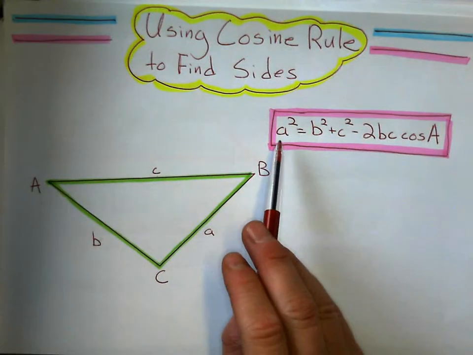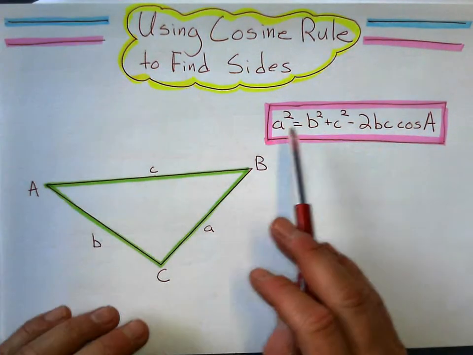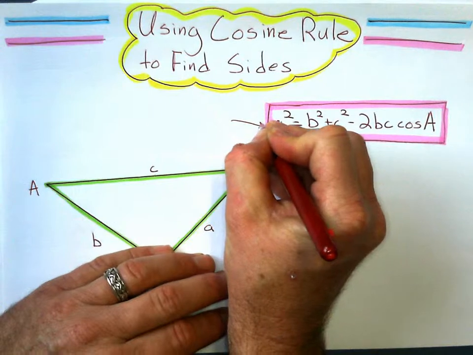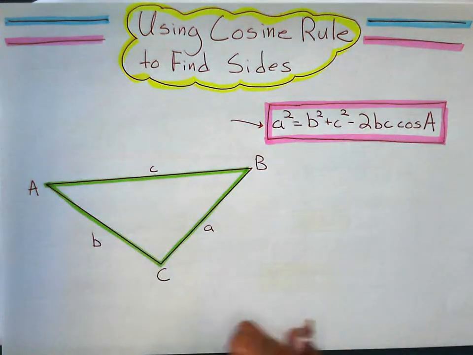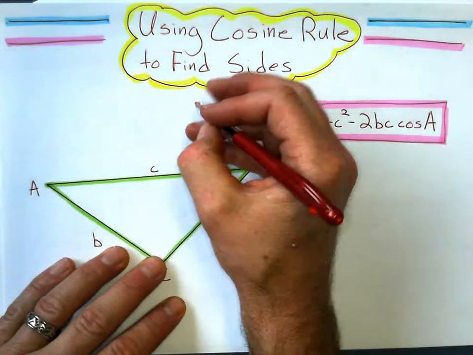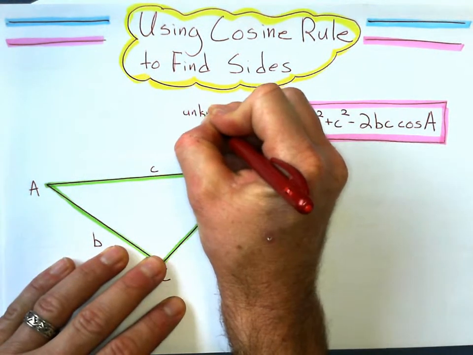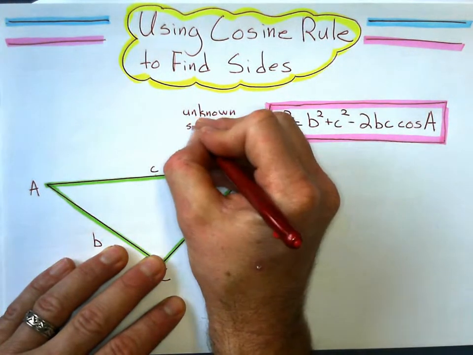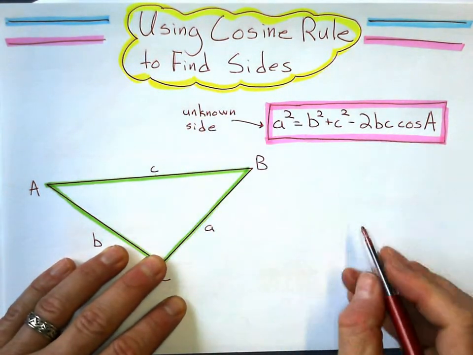Now that's a pretty big formula there. Before we begin, you're going to say, which one's A, which one's B, which one's C, what do I do here? This A right there, that's the unknown side. That's the side we're finding out. That's the one you're figuring out.